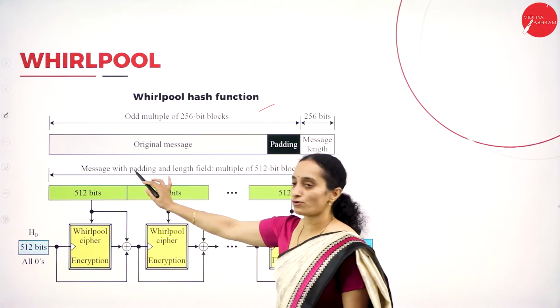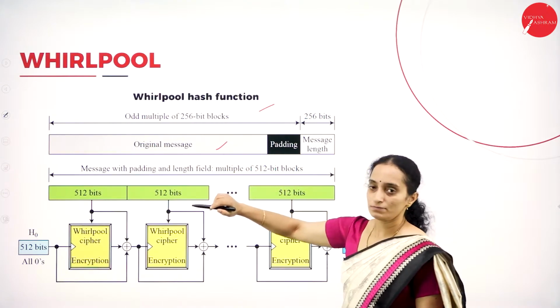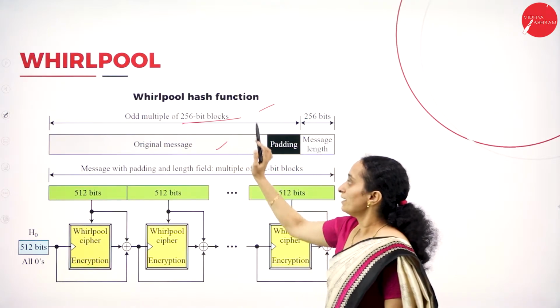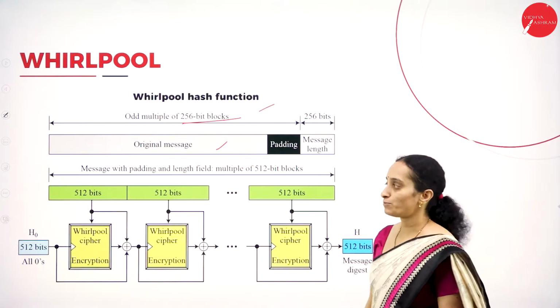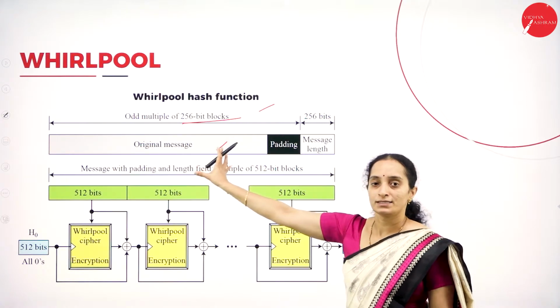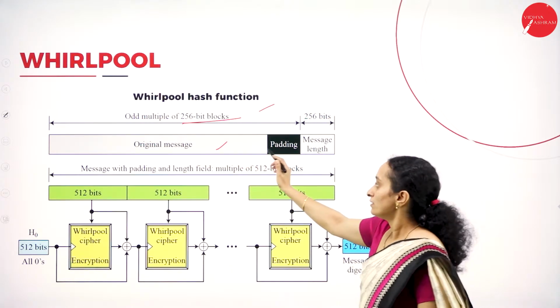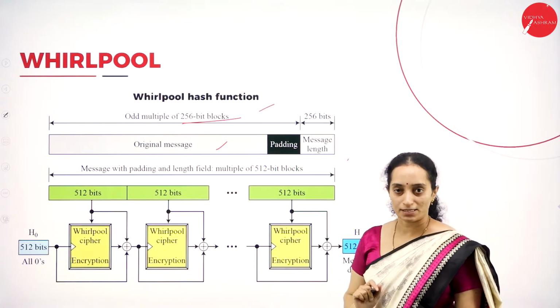Here we use the original message. This was the original message. The original message will be an odd multiple of 256-bit blocks. We use padding, so the original message will be padded with a certain message length.